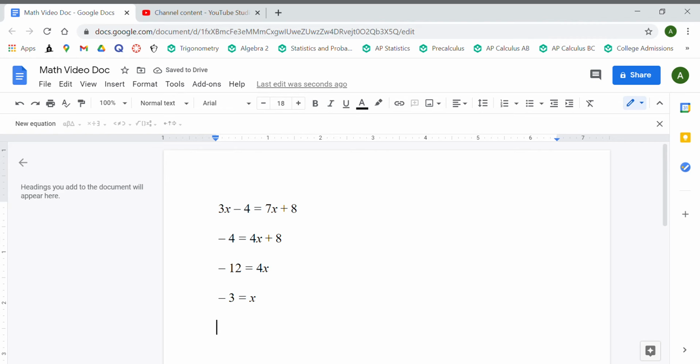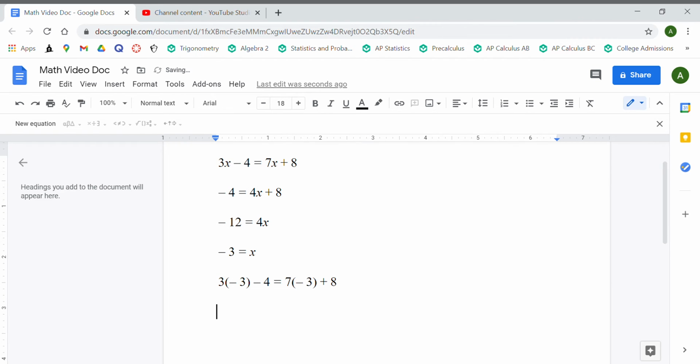Does this method really work? Don't doubt me, I'm checking. I always like to check my work on equations, don't worry. So we have 3 times -3 minus 4 equals 7 times -3 plus 8. So we're going to multiply to get our products.